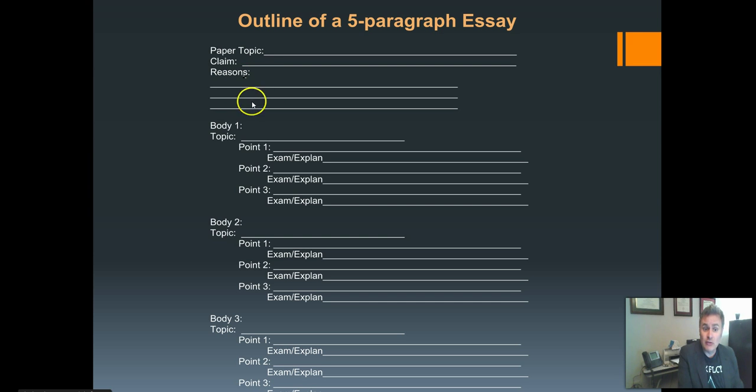Each of those reasons of support will become the topic for each of your 3 body paragraphs. And then each of those topics is going to have 3 points of support to back up that topic sentence. What we have not yet covered is how you explain or offer examples for those points so that your readers can clearly understand exactly what it is that you're talking about.